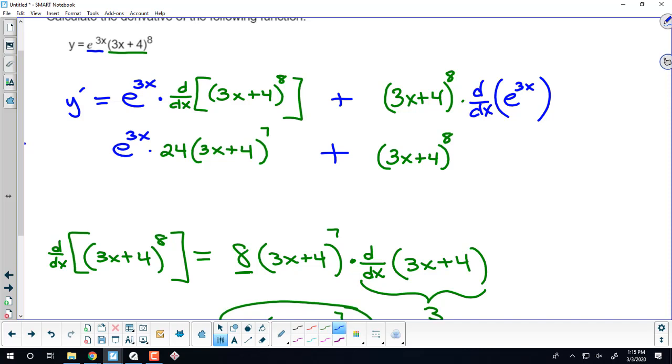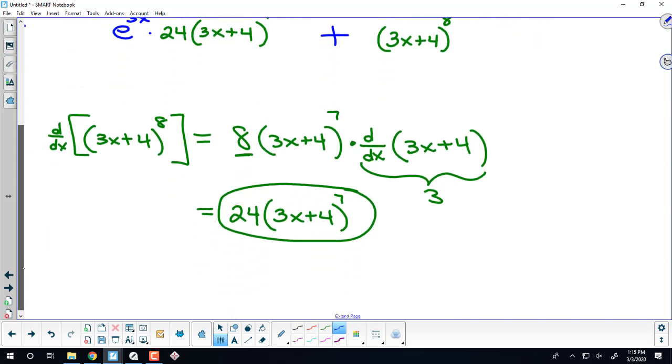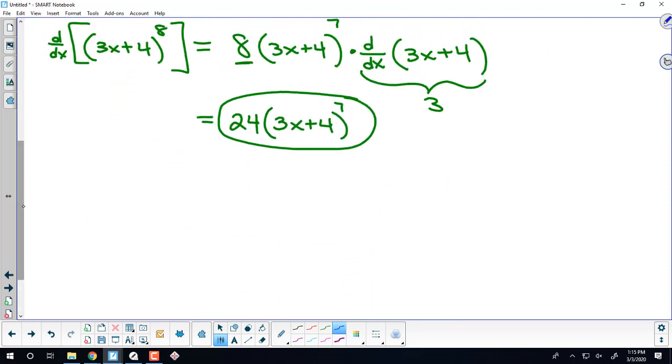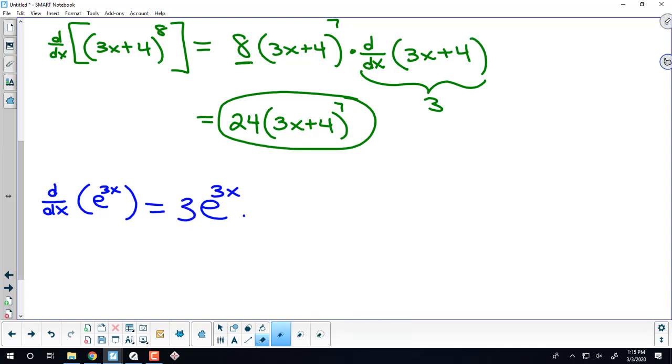What's the derivative of e to the 3x? 3e to the 3x, right? Technically it's a chain rule, but we said last class, I think, the derivative of e to a functional power is e to that power times the derivative of the power, which is just 3.